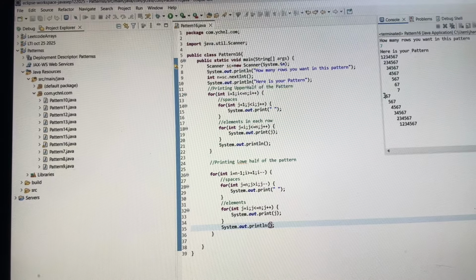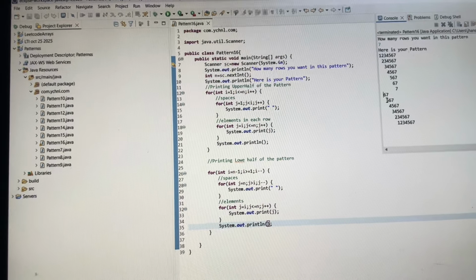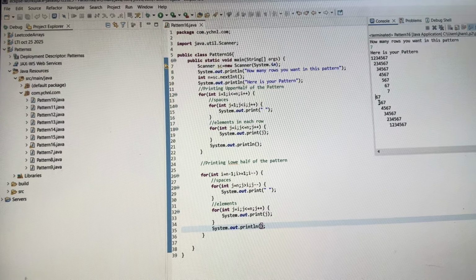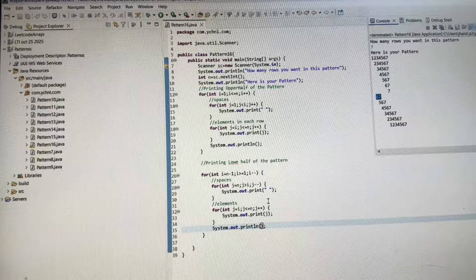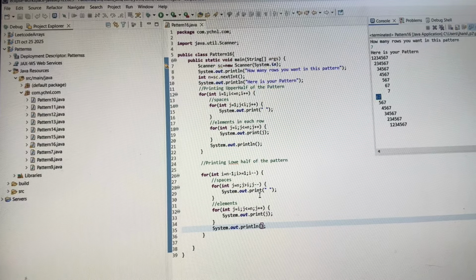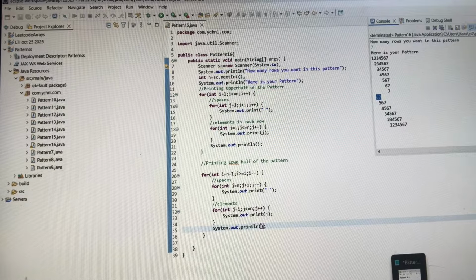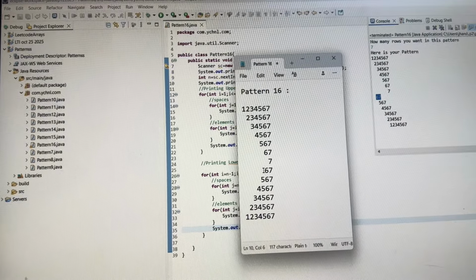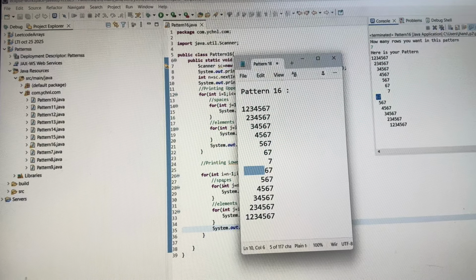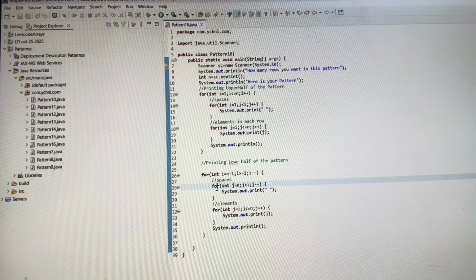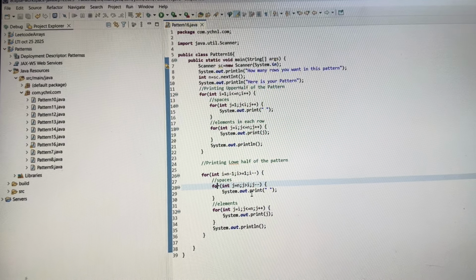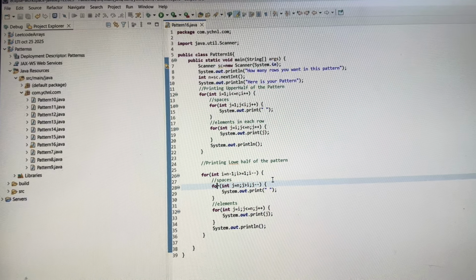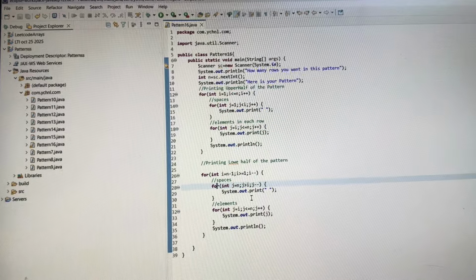If you see the lower half of the pattern, there is no space here. Why is the space not coming? 5 spaces should come, right? Why is it not printing 5 spaces?